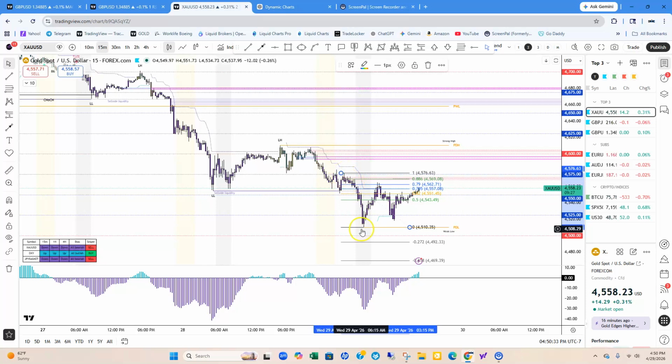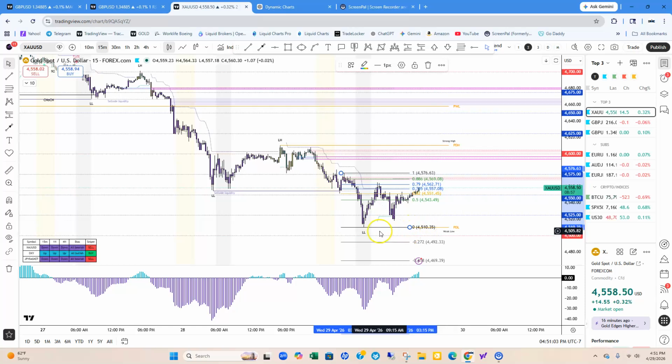So this impulse here, wait for it to retrace back. Gold came all the way back to the 79% fib and gave you multiple rejections. So that would have given almost 400 pips, which is crazy.